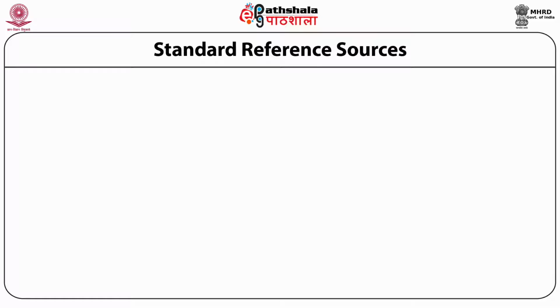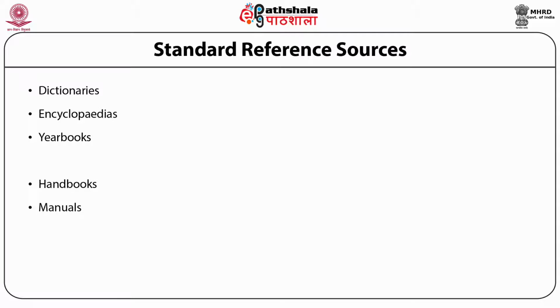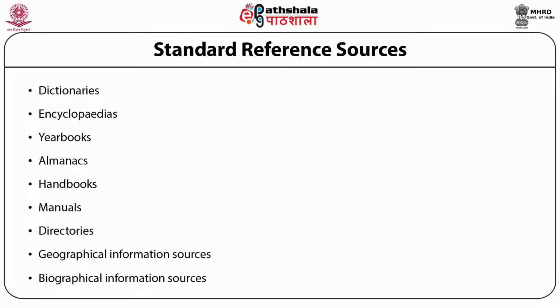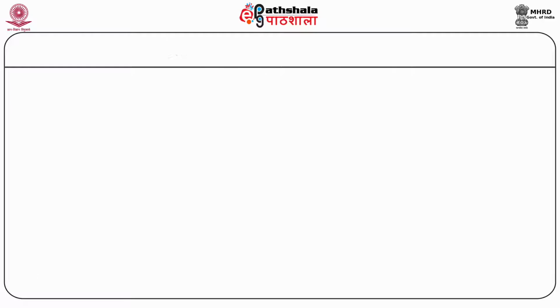Standard reference sources include the standard reference collection of the library like dictionaries, encyclopedias, yearbooks, handbooks, manuals, almanacs, directories, geographical and biographical information sources. Other reference sources.